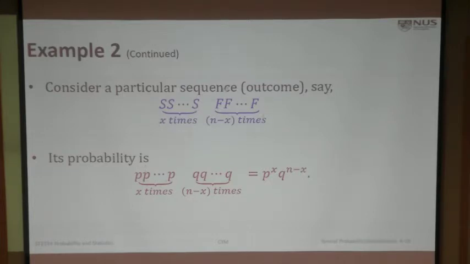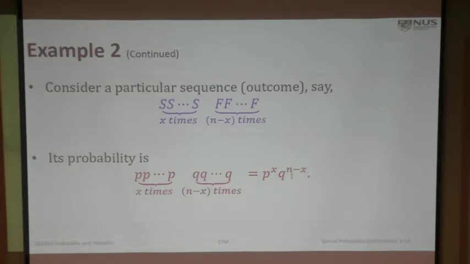The probability that this occurs is q to the n minus x. But this is for a given sequence: I succeed x times in a row, and then I fail n minus x times in a row. So the probability of this particular sequence is p to the x times q to the n minus x.